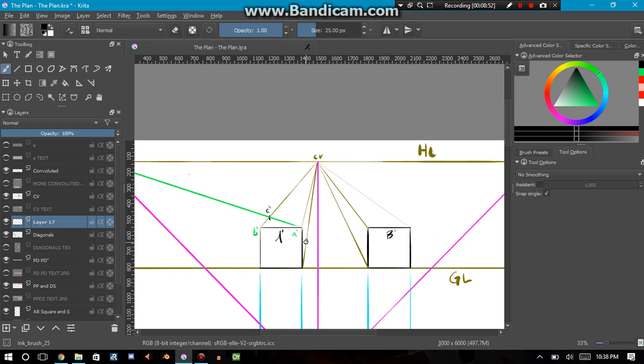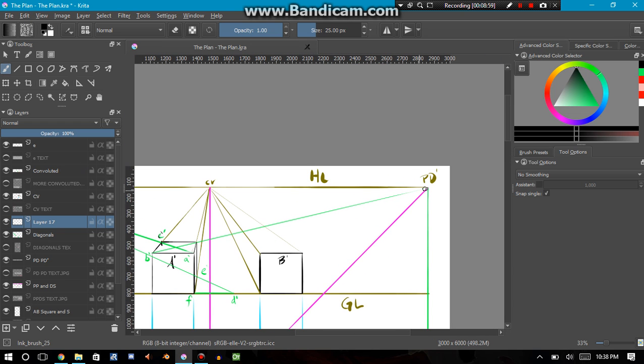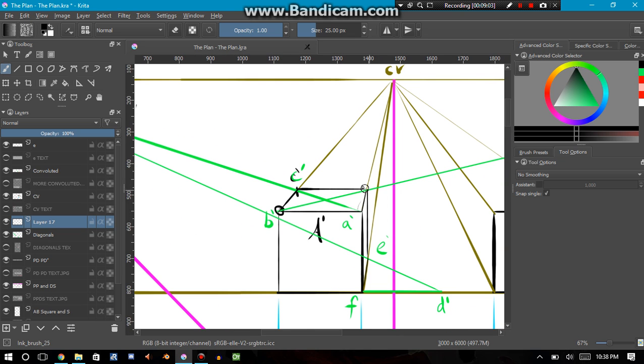Well, what we would do is draw a line from PD prime over to B prime, and this would be E prime. For some reason I drew it down there, but that's wrong. So this is E prime right here, this point right here. You would draw a line from here to here, and that would be E prime.